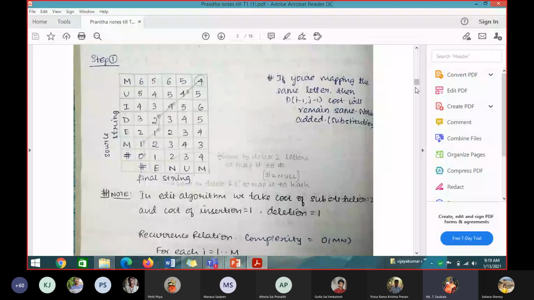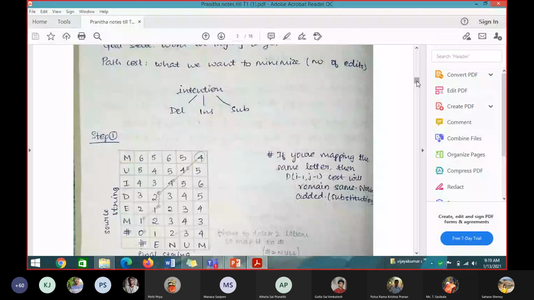They may ask a question like this: in edit distance, if you are mapping the same letter, then D of i minus 1, j minus 1 cost will remain the same or it will be added. Listen to the question. If you are mapping the same letter in the edit distance table, then D of i minus 1, j minus 1 cost will remain the same or it will be changed. Same, ma'am. Very good. Same. Why?